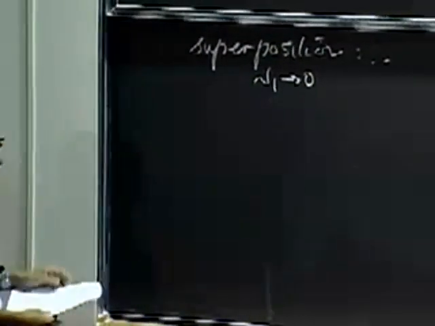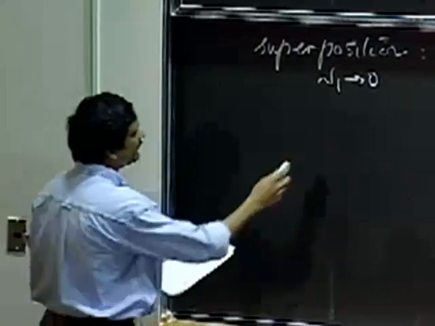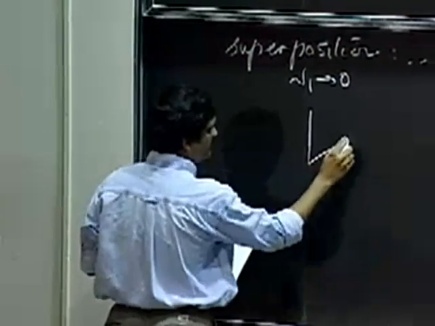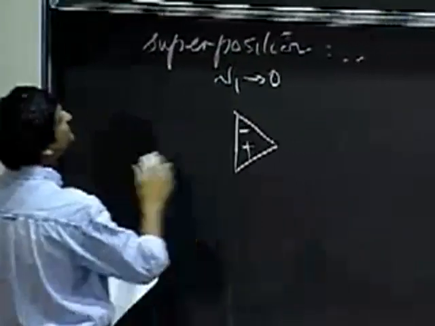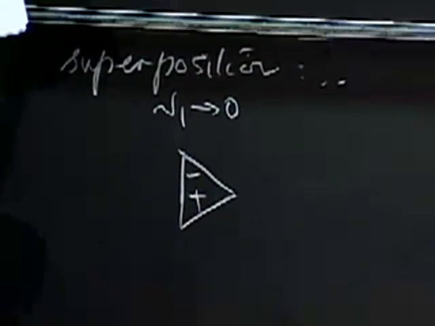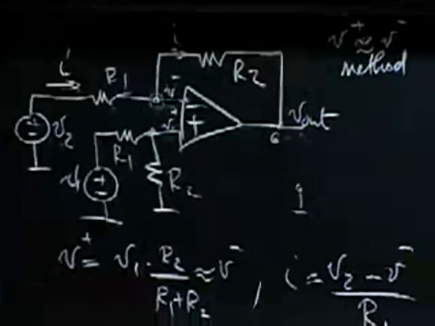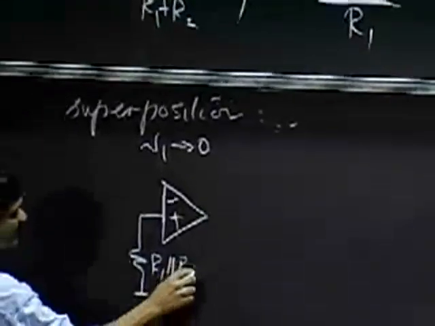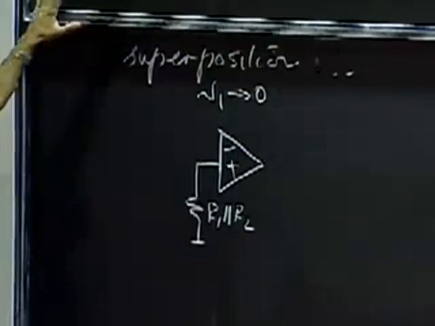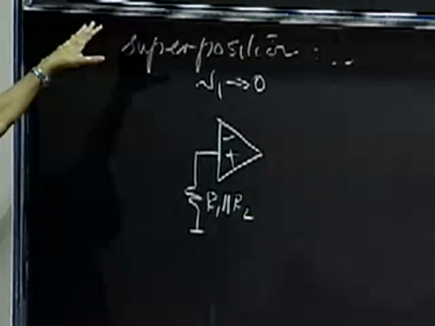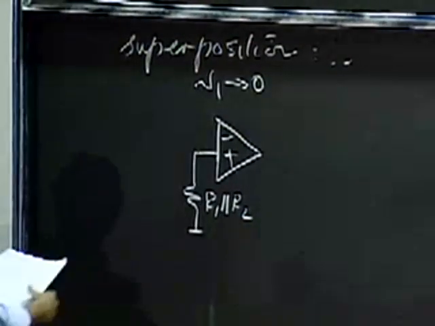One subcircuit in which V1 is 0, and that subcircuit looks like this. If I set V1 to be 0, then R1 goes to ground, and I get R1 parallel R2 going to ground.